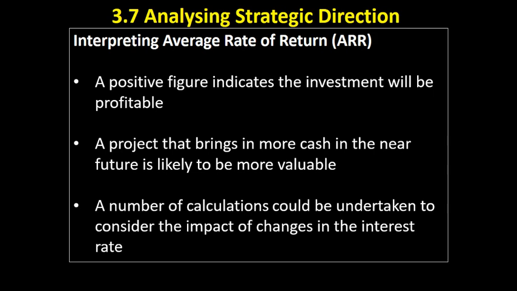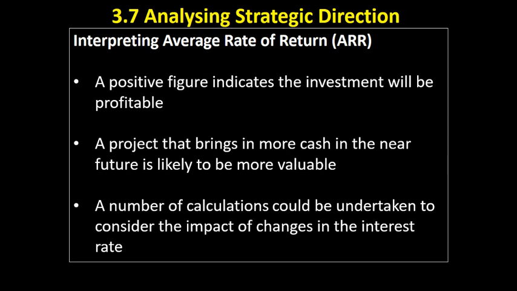And we can do a number of calculations to consider the potential impact of, say, changes in the interest rate. For example, I'm recording this in September 2017, and the Bank of England seems to have changed its tune on interest rates and interest rate rises. They're currently 0.5%, which is very, very low.